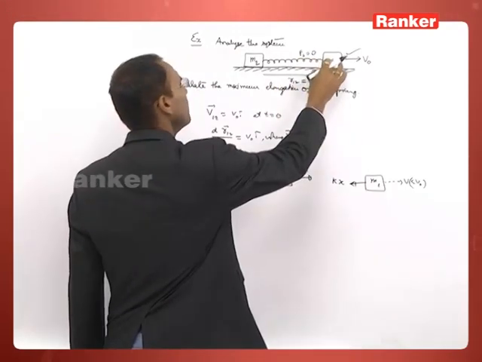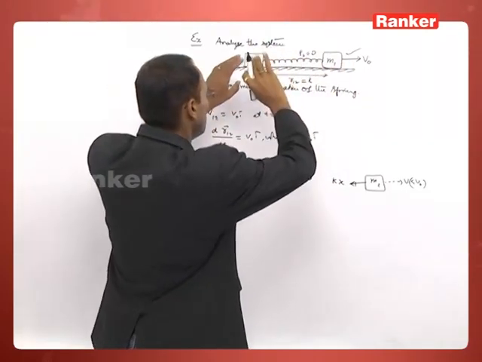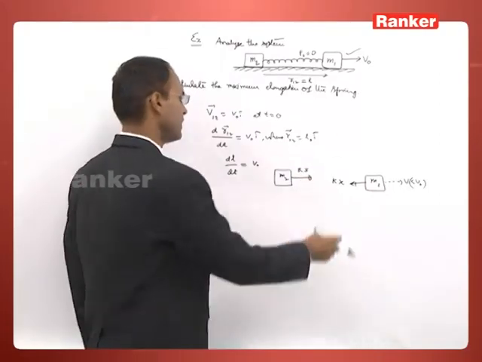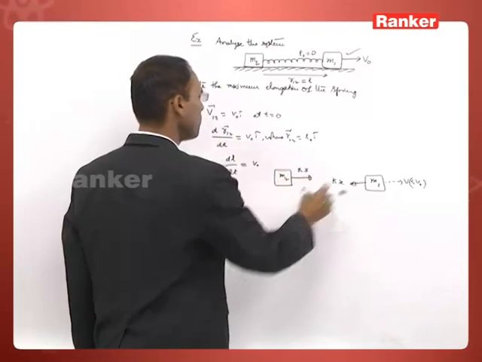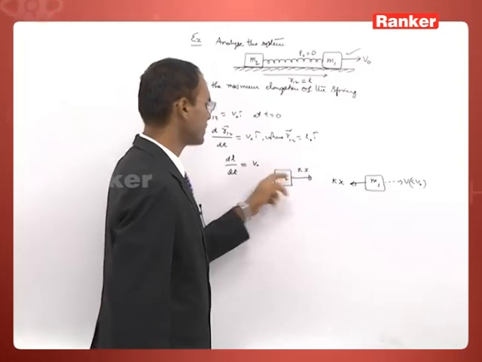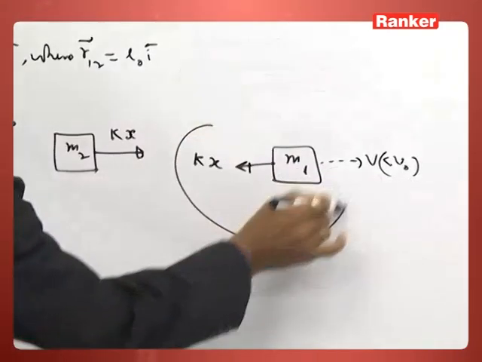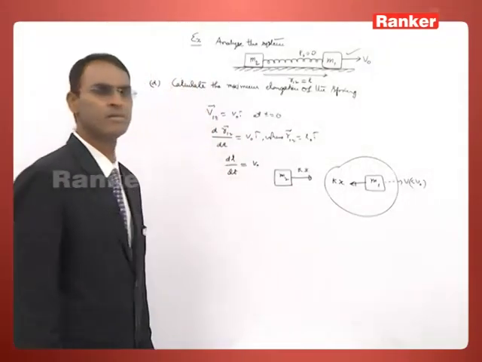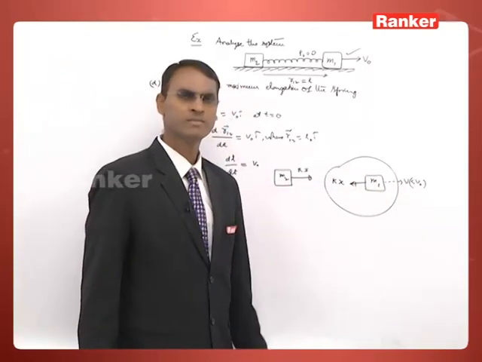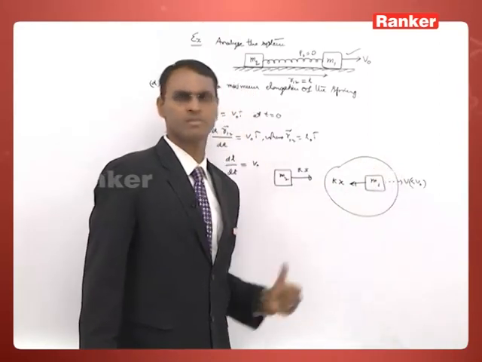But due to the relative velocity between these two blocks, the spring will get elongated. Once the spring elongates, the spring will start pulling these two blocks, one towards left, the other towards right. As a result, the block M1 will slow down because it moves towards right, whereas the force acting on the block 1 is towards the left.